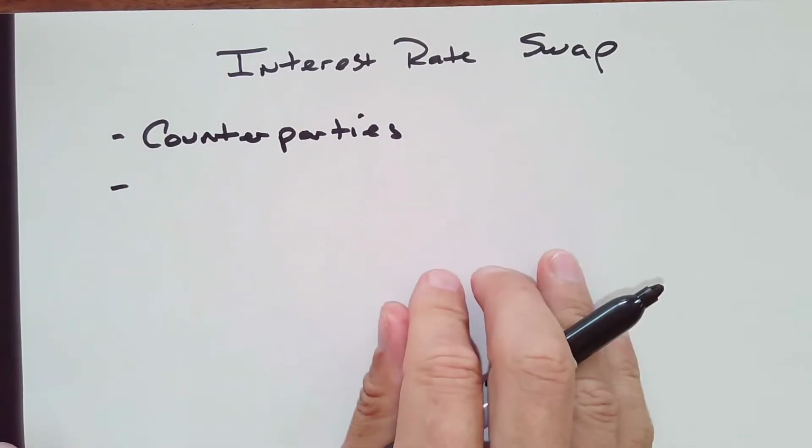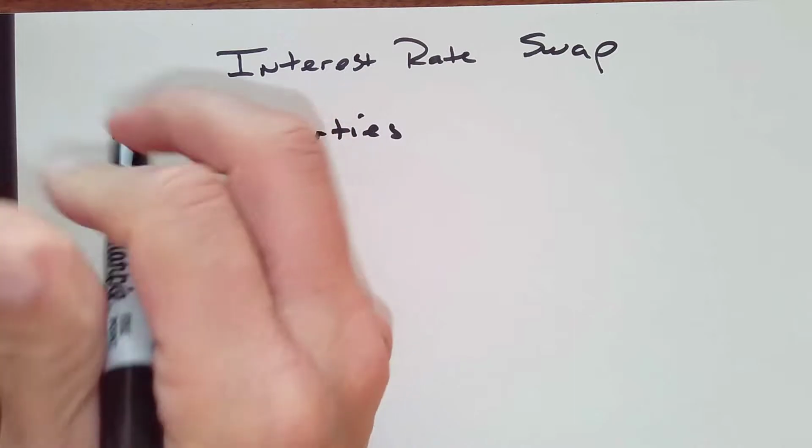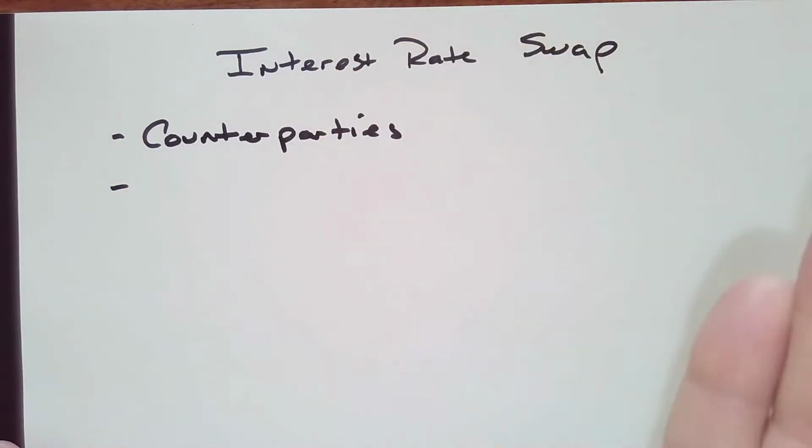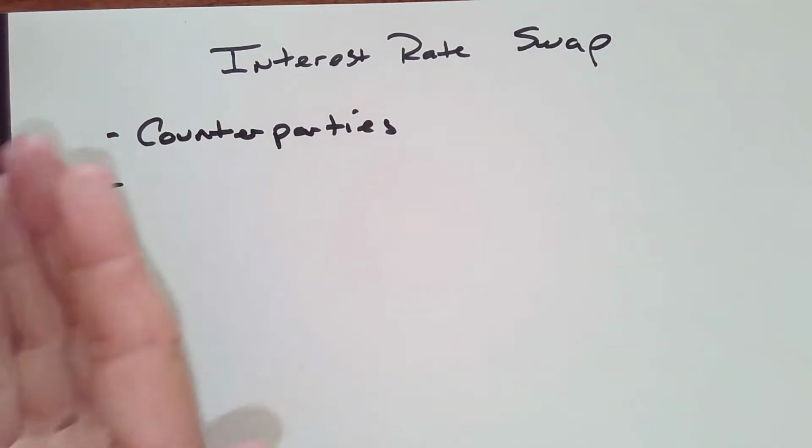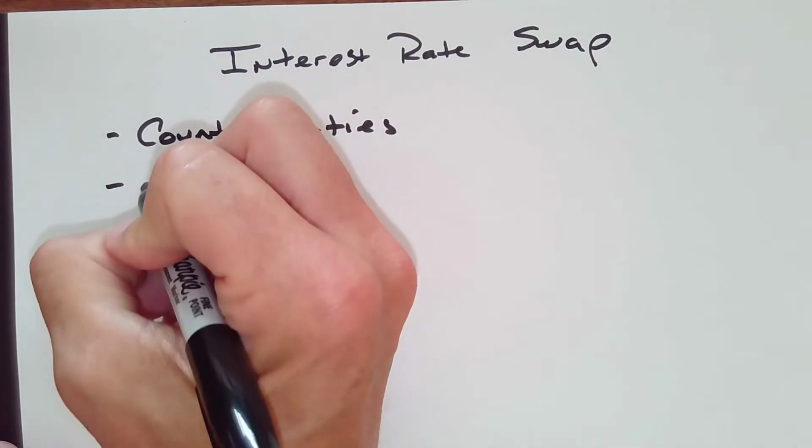There's got to be some discussion of a notional amount. So if we're dealing with an interest rate swap, the interest rate has to be the interest rate times some dollar amount, some notional amount.